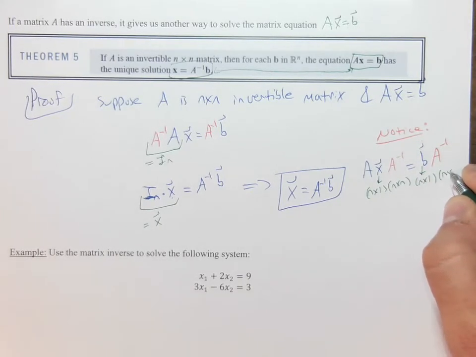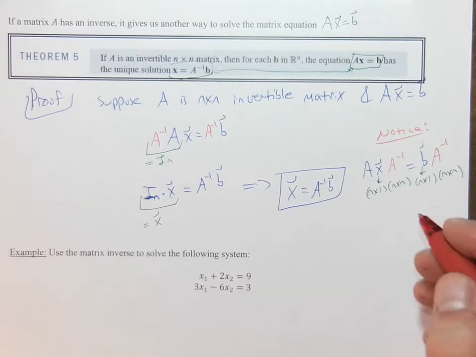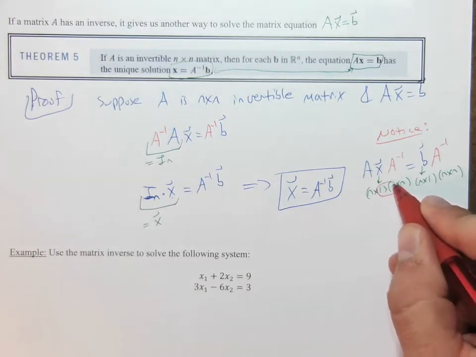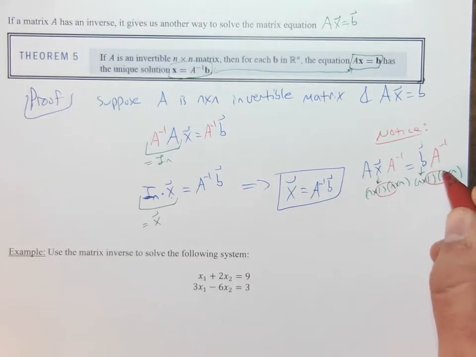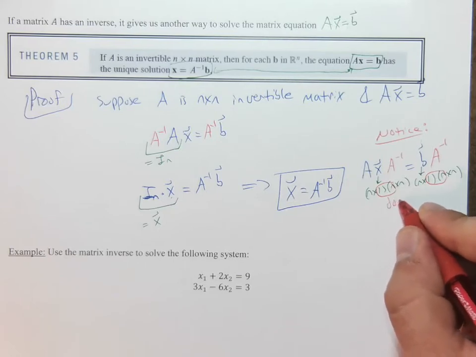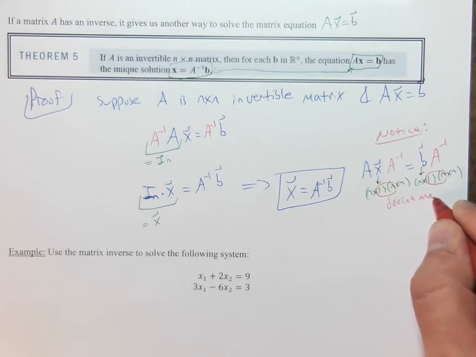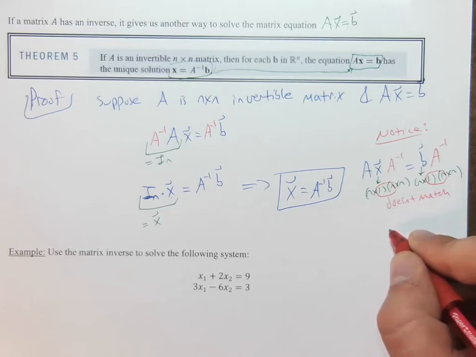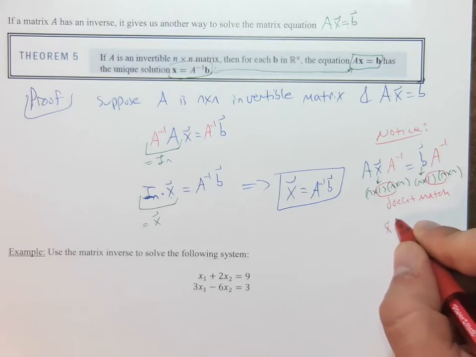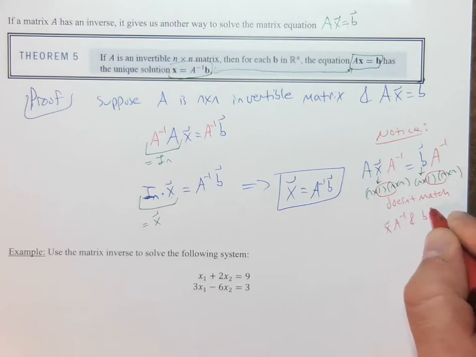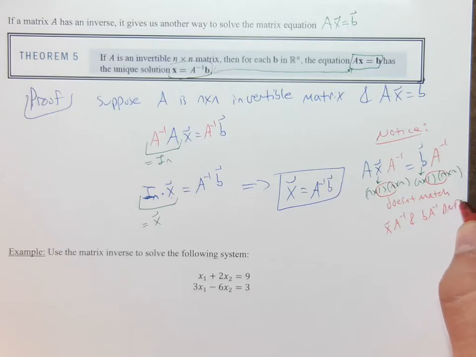And so the inner dimensions don't match if you try to multiply on the right, right? You're going to have 1 matching up with n, and so it doesn't match. In other words, X times the inverse and B times the inverse don't exist.